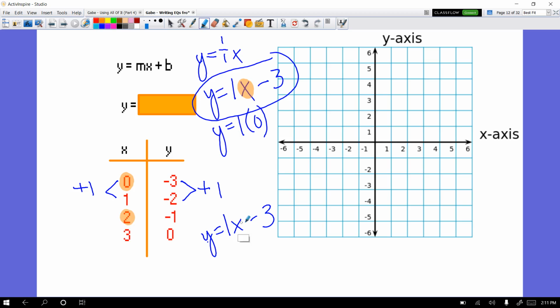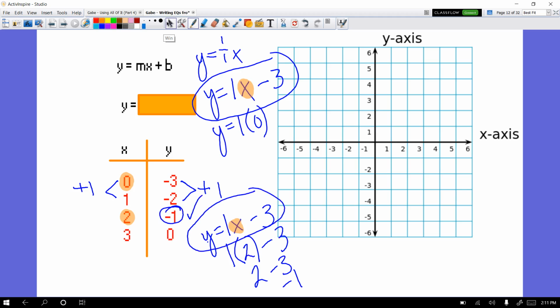Now when we solve this with the x value substituted in, we should get negative 1. 1 times 2 minus 3. 1 times 2 is 2. 2 minus 3 is negative 1. Bam! That's what we're looking for. This is your equation. Let's see if it's right. X minus 3, 1x minus 3, same exact thing. Perfecto.